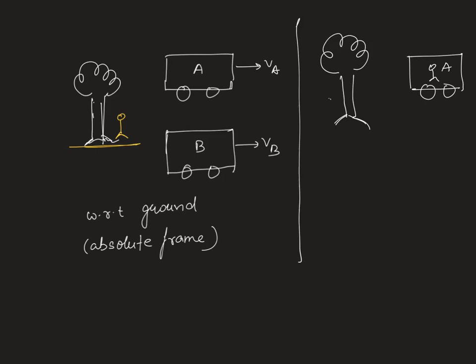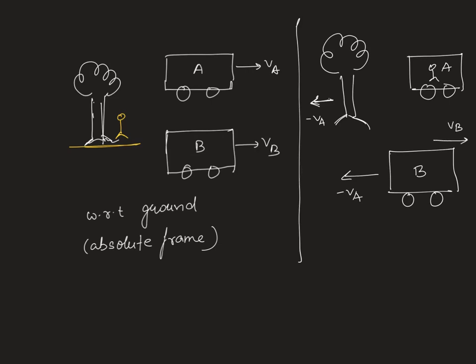That tree gets a velocity opposite in direction, and if we write it in vector form, that will be minus VA. What about the car B, or what about the vehicle B? The vehicle B also gets a velocity minus VA in the opposite direction, but it has also its own velocity VB.